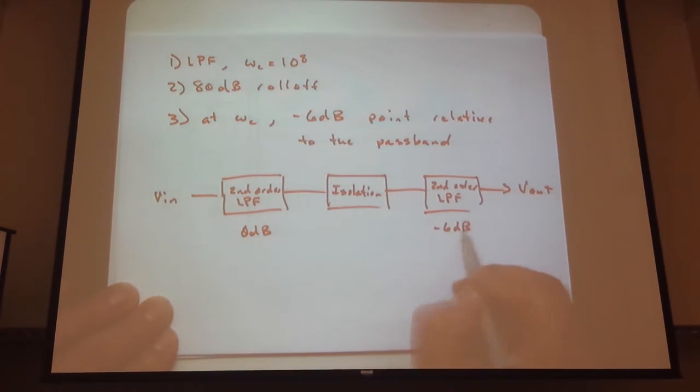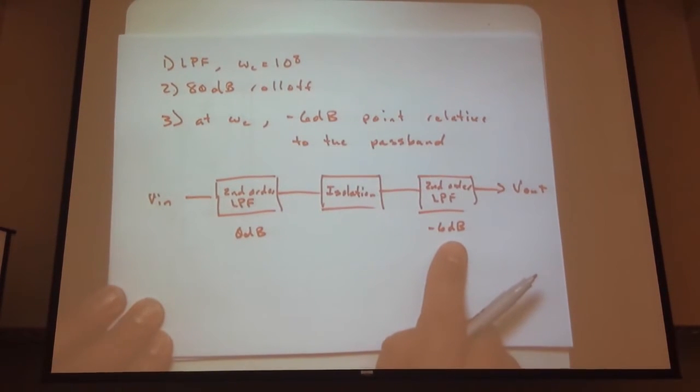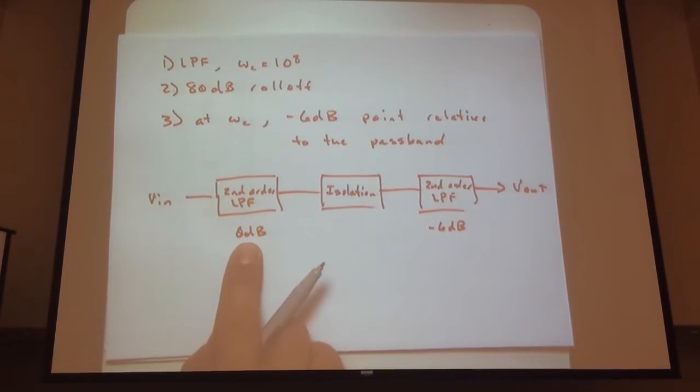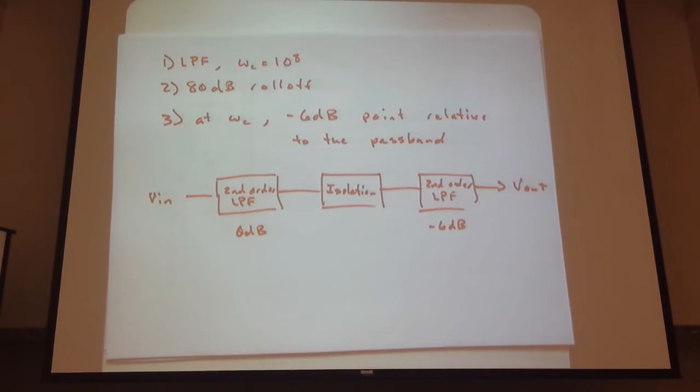Negative 6 dB. What's this circuit in terms of damping? Critically damped. What's the damping ratio of this circuit? We just said it a minute ago. The damping ratio is 0.5, 1/2.